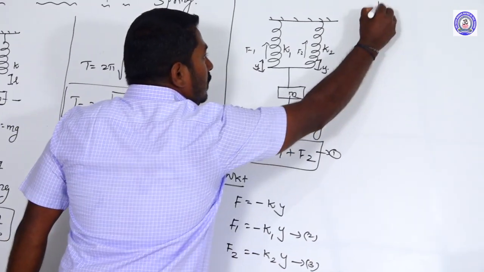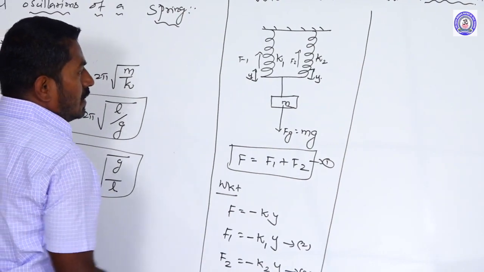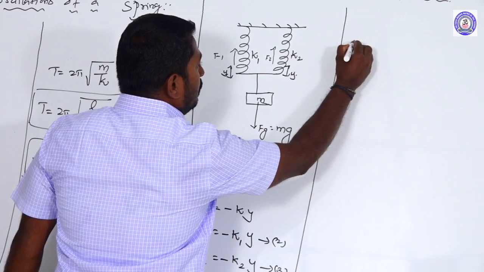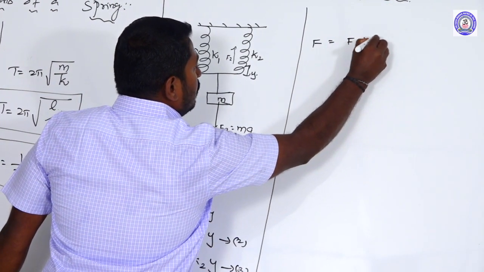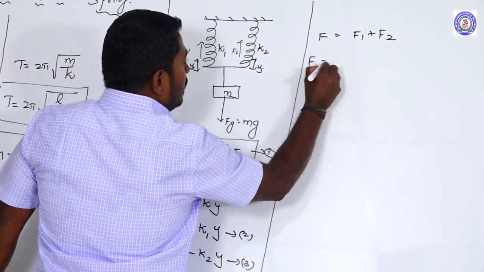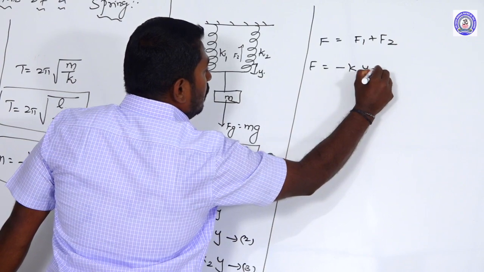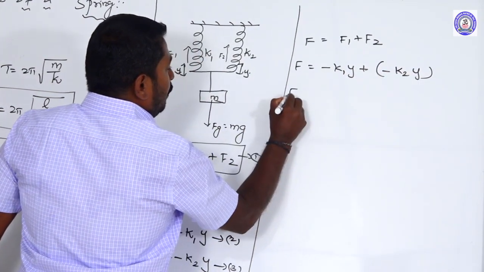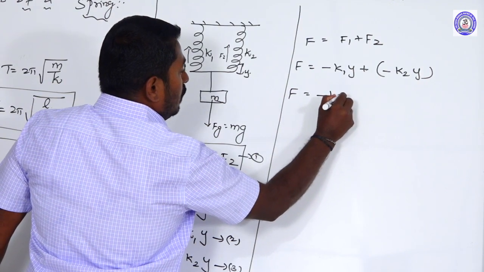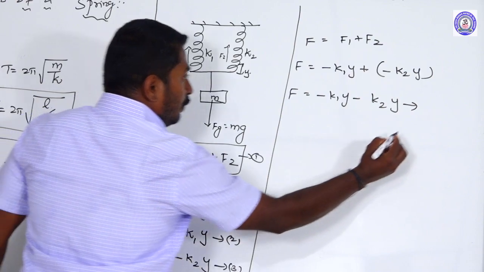Then the total restoring force acting vertically upward in the parallel combination, F, is equal to F1 plus F2. F is equal to minus K1y plus minus K2y. Then F is equal to minus K1y minus K2y. Equation number 4.